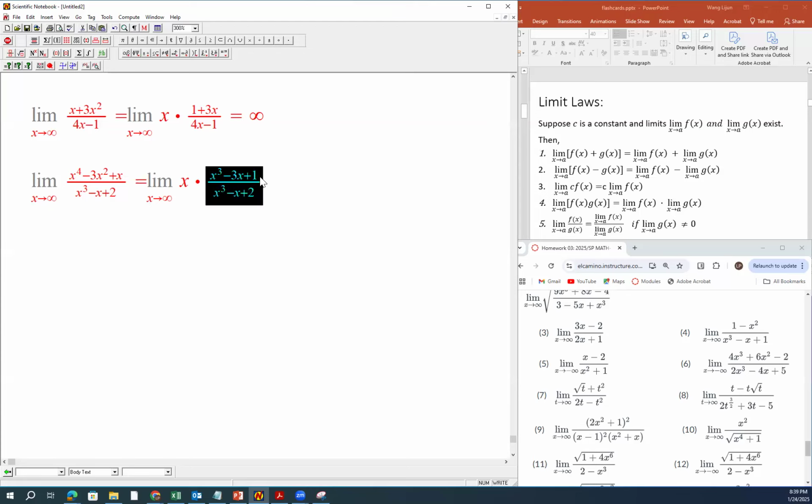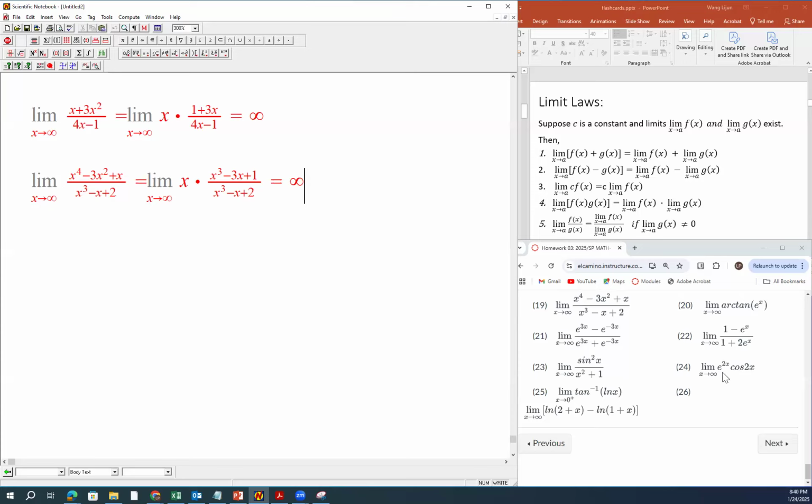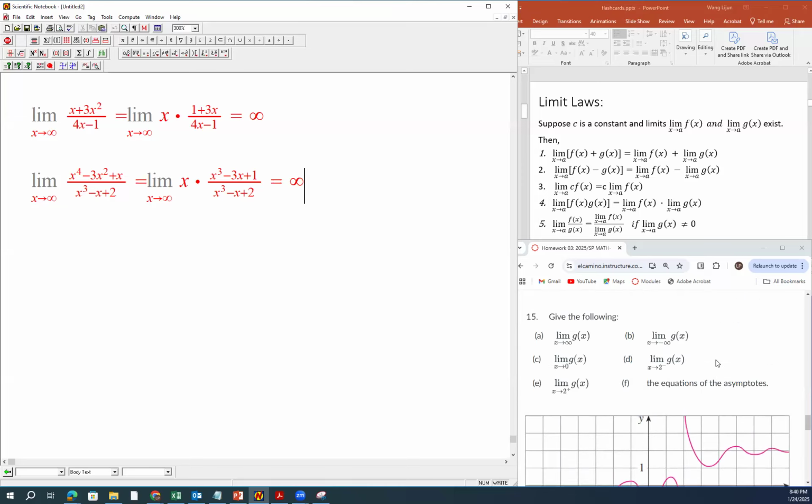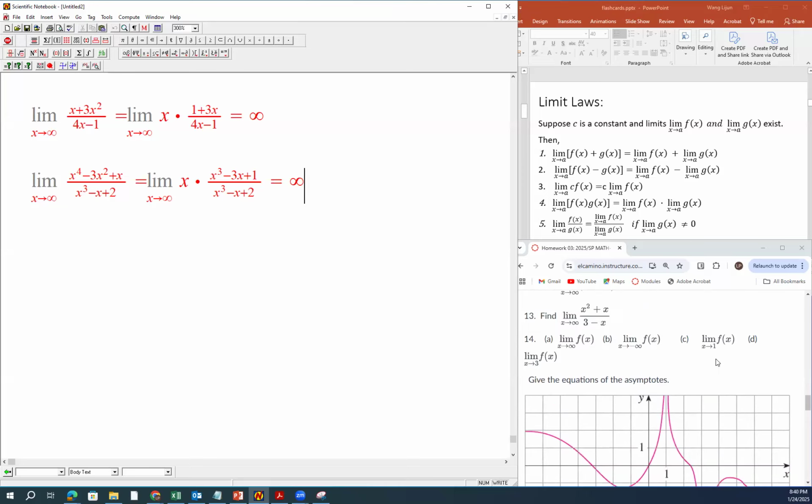Okay, and this piece approaches a constant, which is 1, and as x approaches infinity, this thing is infinity multiplied by a constant, so the limit is going to be infinity. Okay, so this will, I hope, make it complete about all the questions as far as how we handle these questions, whether the limit exists or does not exist, and how to make our cases.